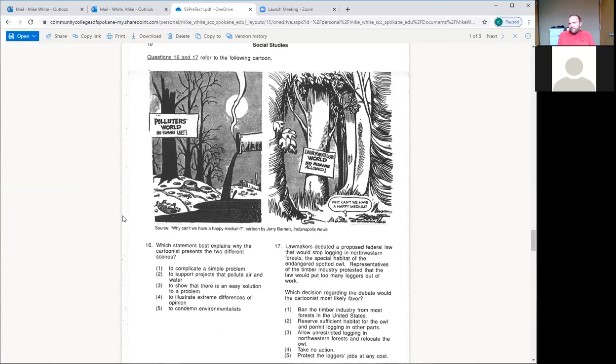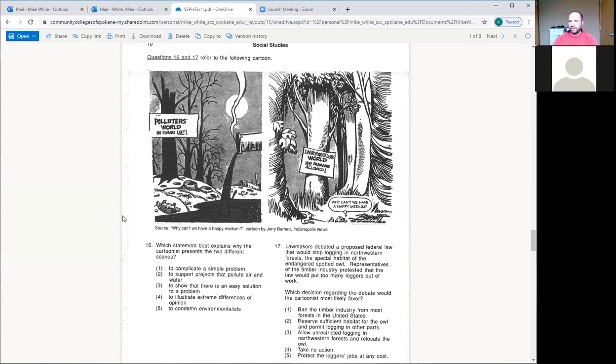So the cartoonist is obviously someone in between those two stances. They're using those pictures as an exaggeration to prove their point, to show their opinion. So number 16 is which statement best explains why the cartoonist presents the two different scenes.